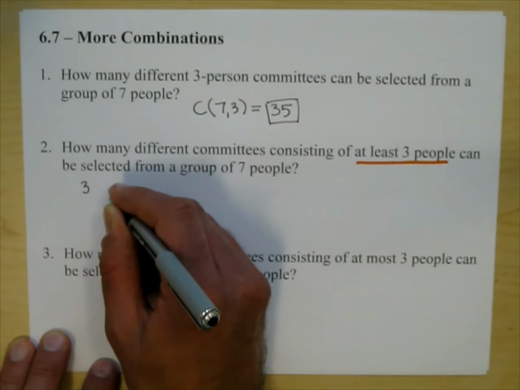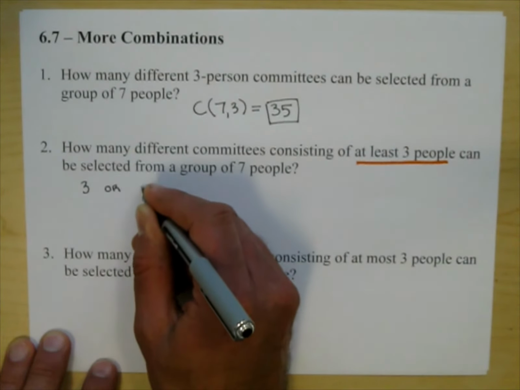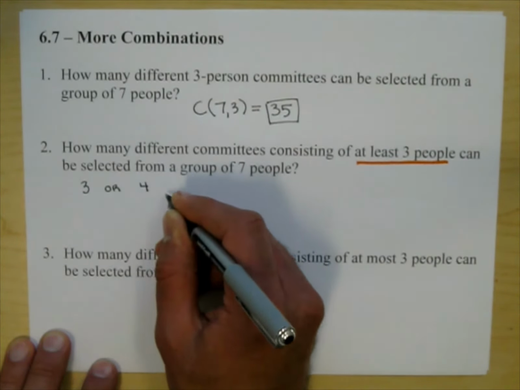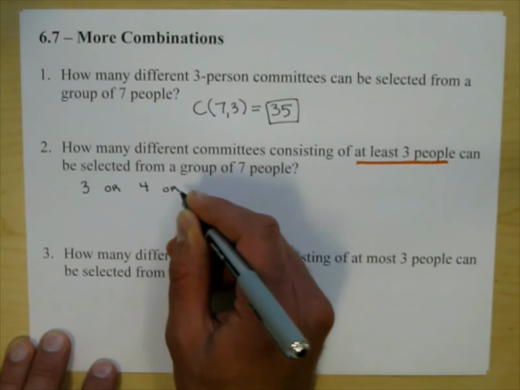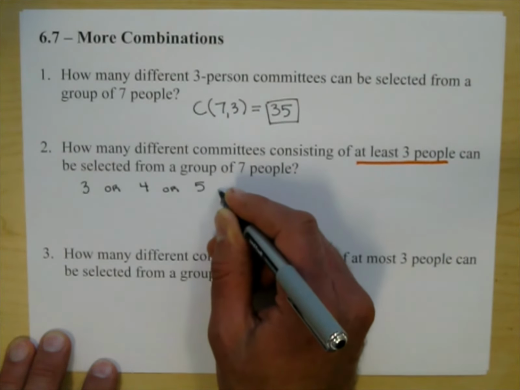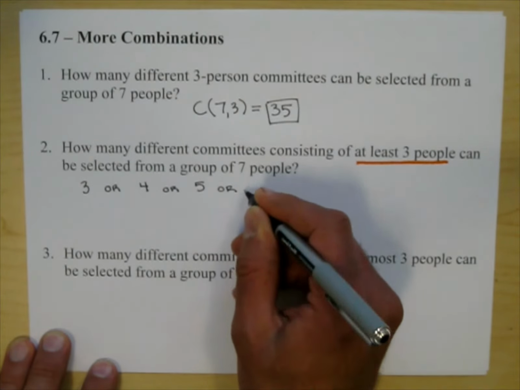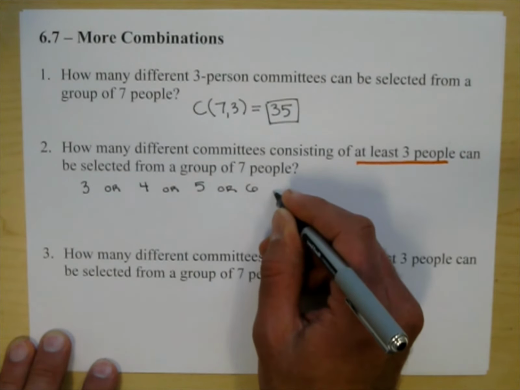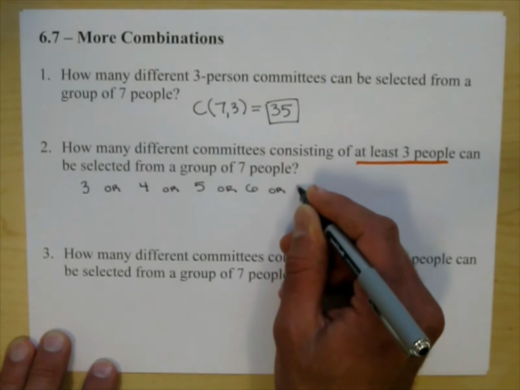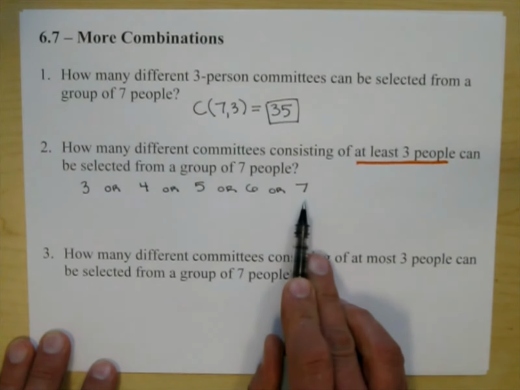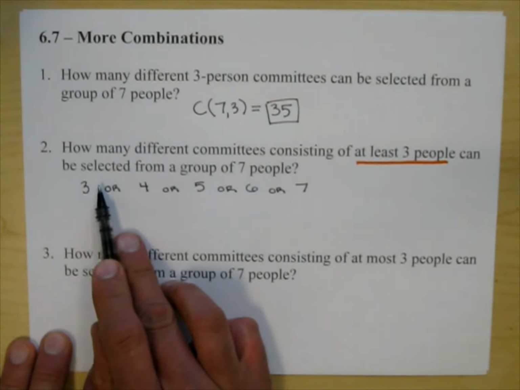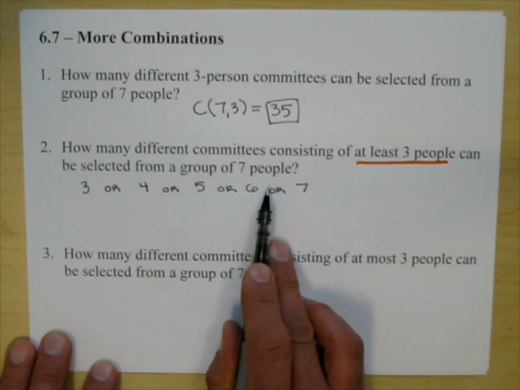for the committee, or 4 people, or 5 people, or 6 people, or 7 people. Now why do I have to stop at 7? Because we're selecting them from a group of 7 people.